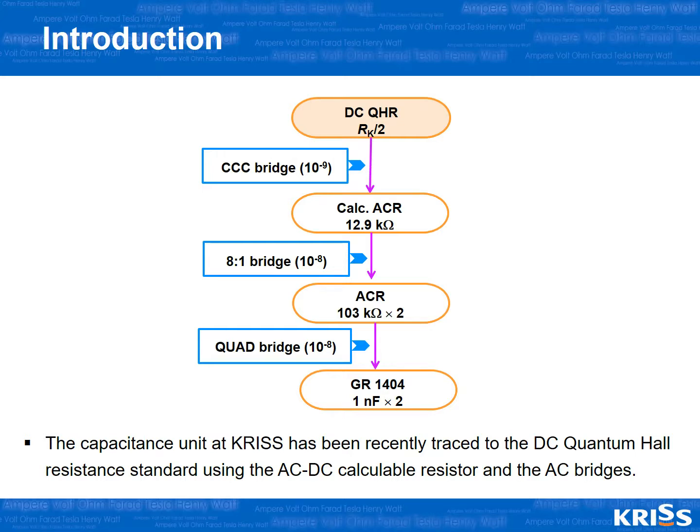This resistor has a calculable frequency performance, so it is then used to calibrate the AC resistor standard of 103 kilo-ohm using an 8:1 ratio bridge. These two resistors are then employed to realize the capacitance of 1 nanofarad using a coaxial bridge.